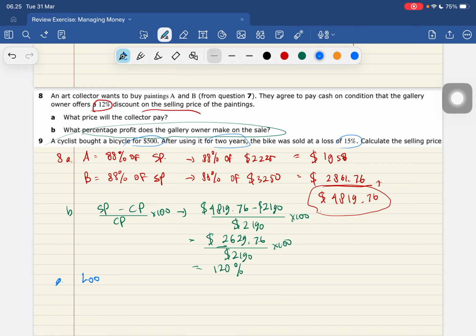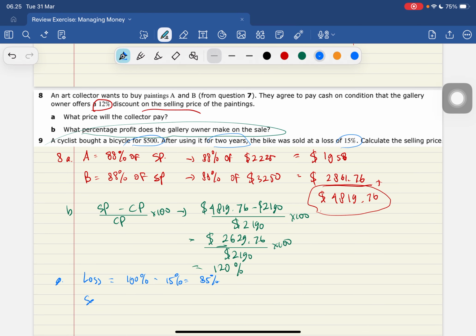The loss is 15%, so 100 percent minus 15%, we get 85%. So the selling price is 500 multiplied by 85%, so we get the selling price as $425.